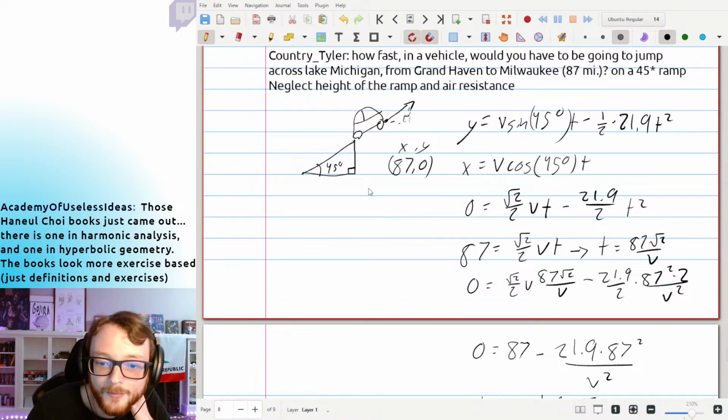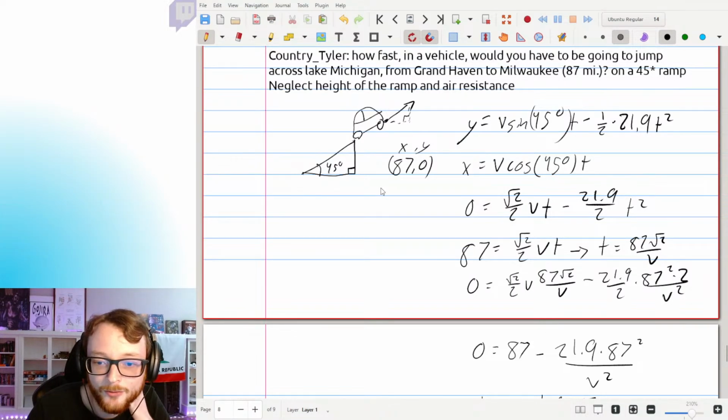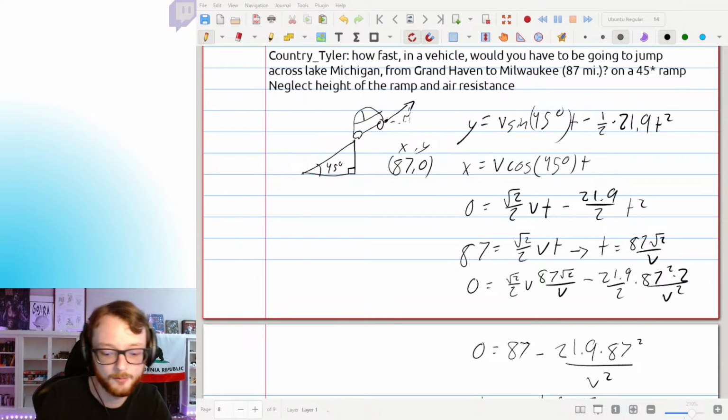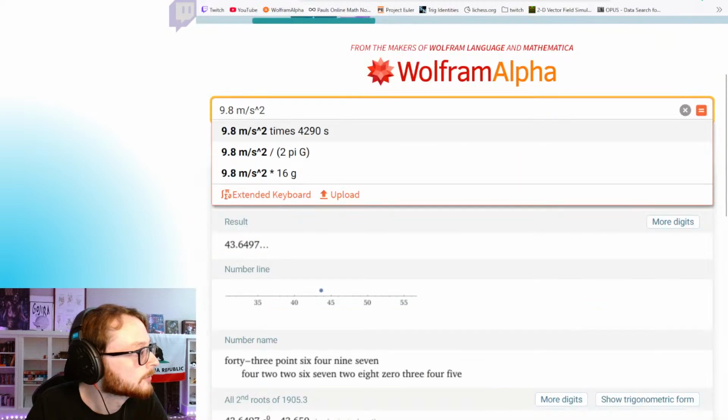Did I accidentally measure something in seconds or something? Does 21, wait, 9.8. Oh, it's meters per second squared. Is that what messed up the conversion?